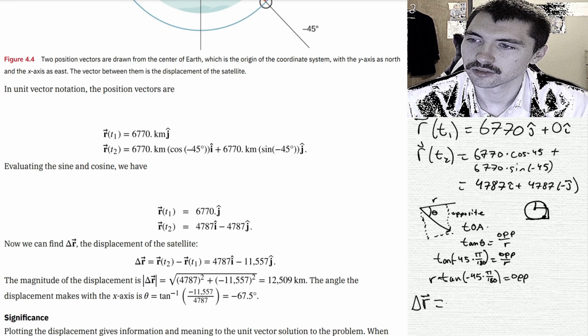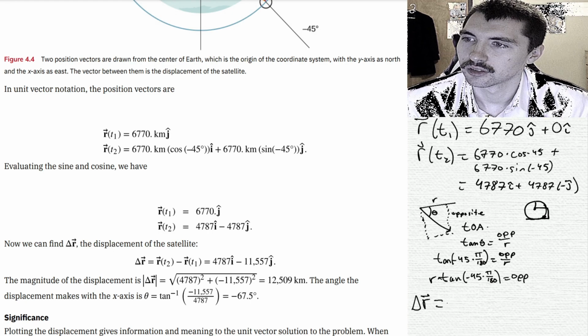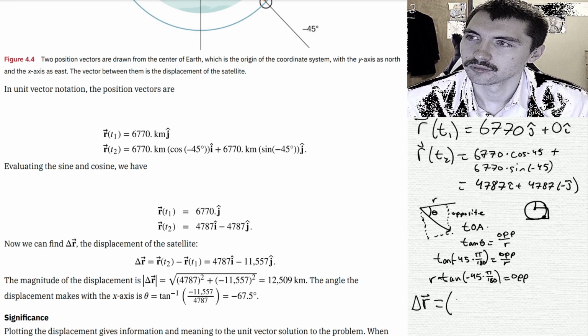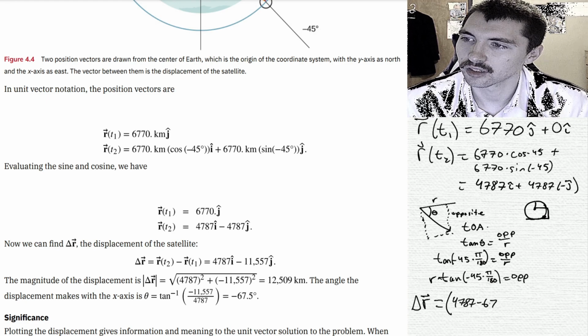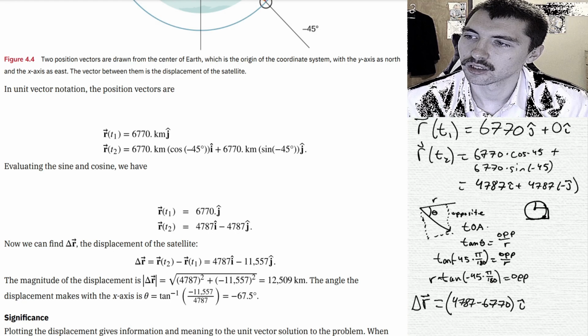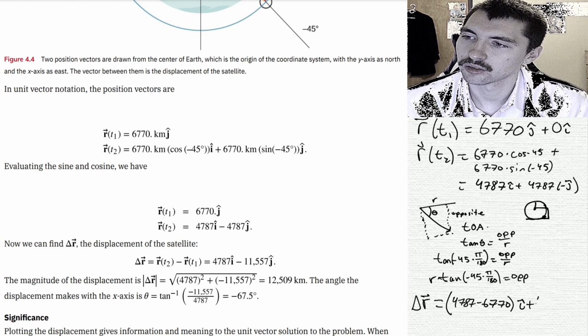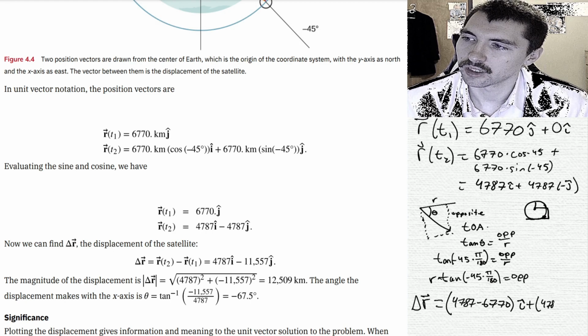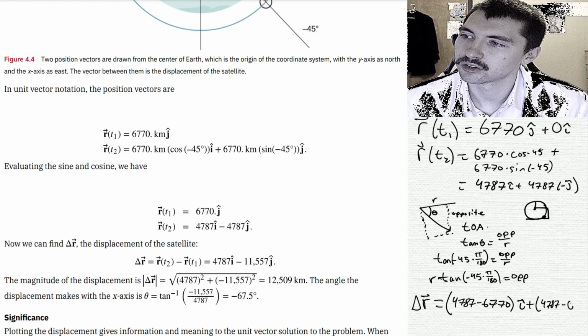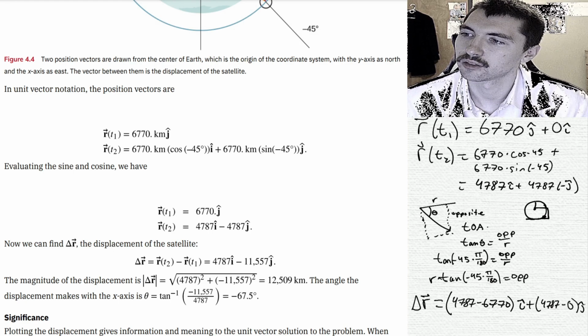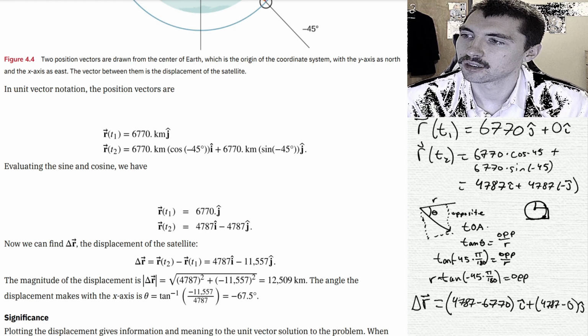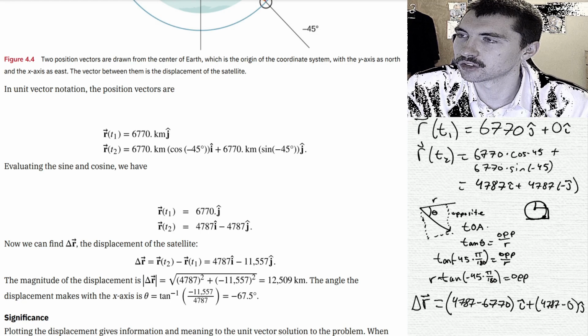Displacement of R is 4787 minus 6770 I plus 4787 minus 0 J. And I think I wrote this wrong. Remember, this is J. These are actually swapped.